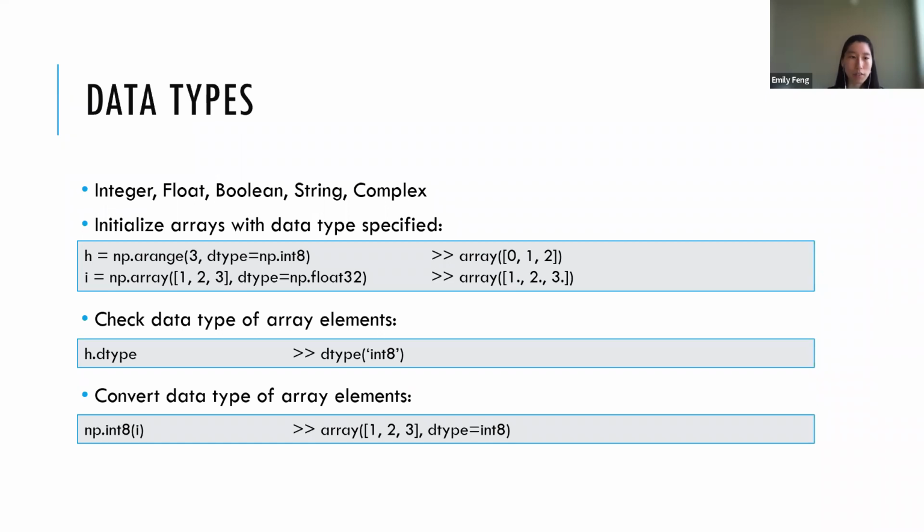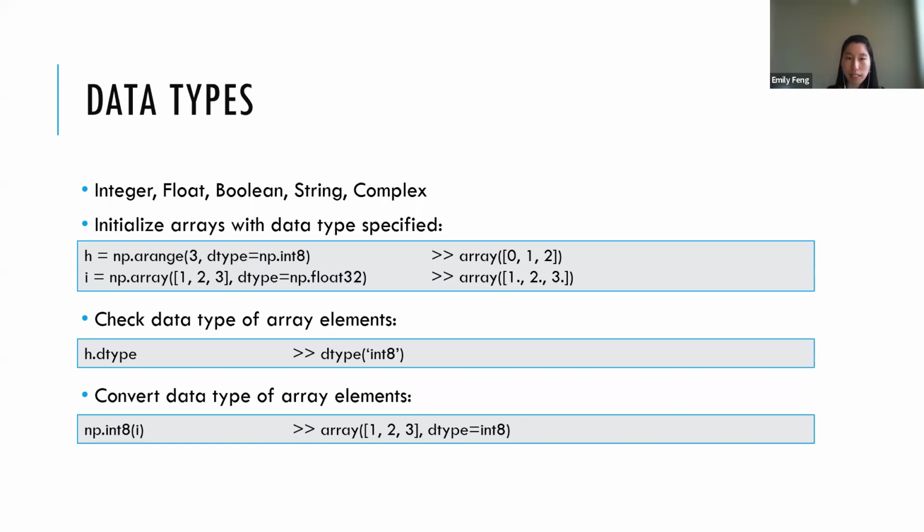So here, I specify the data type I want by using this parameter called dtype, and I give it the value np.int8. For integers and floats, you can specify how much memory you want to allocate.